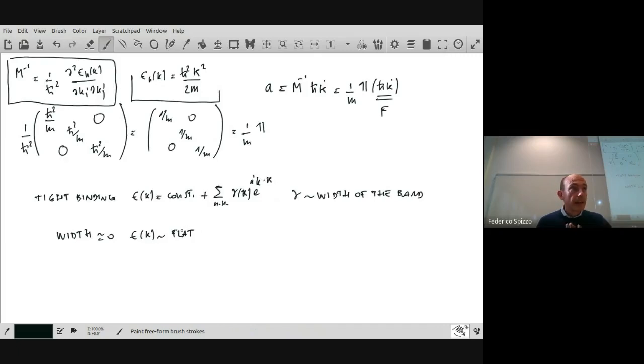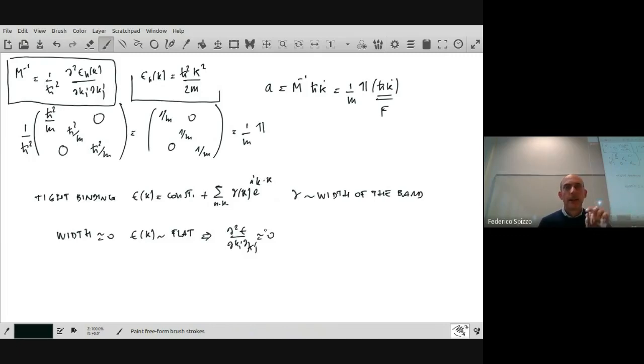If you have a small variation, this means that the second derivative of that variation is nearly zero because you have a very flat dependence. So the second derivative is small. And as the second derivative gives us the inverse mass tensor, this means that if the second derivative is very small, the mass tensor is very large because that is, let's say, not strictly as I'm saying now, but more or less 1 divided by that derivative.